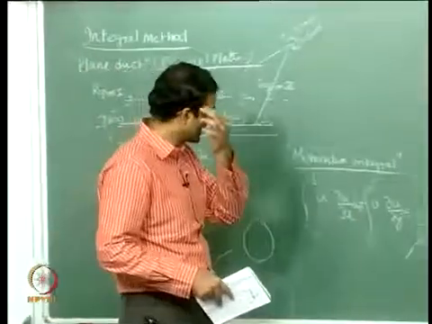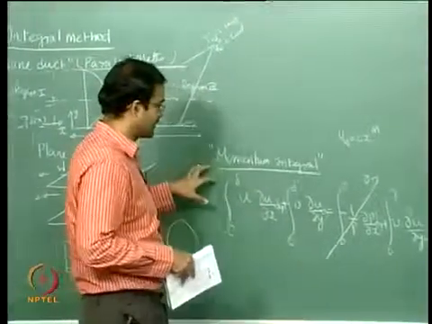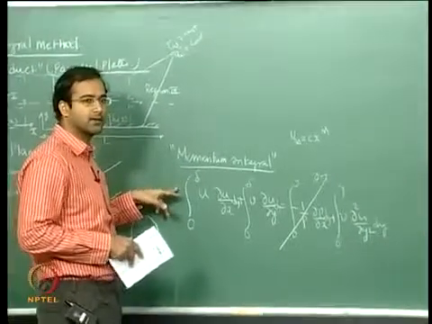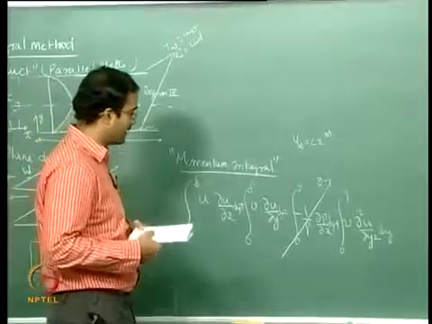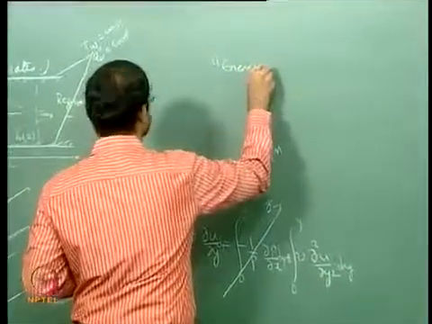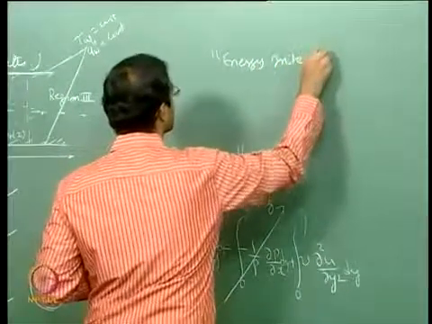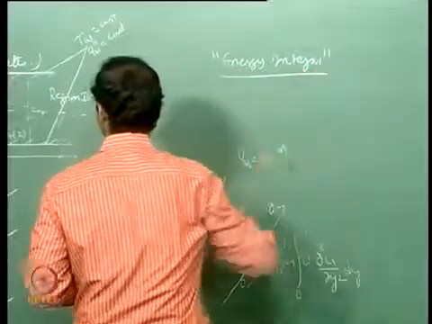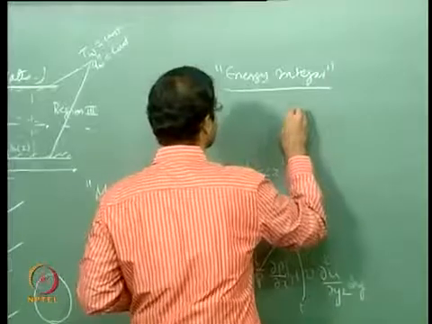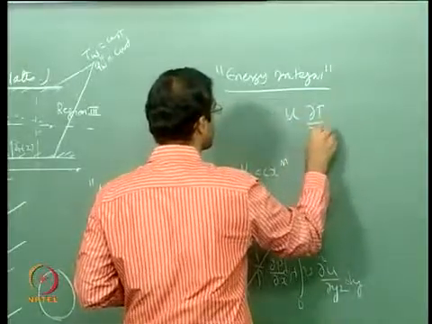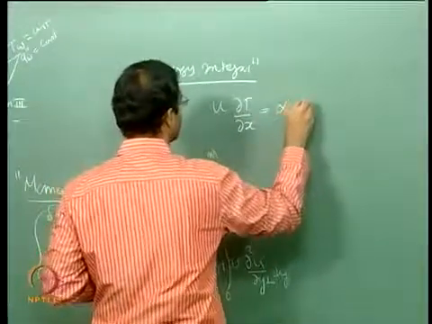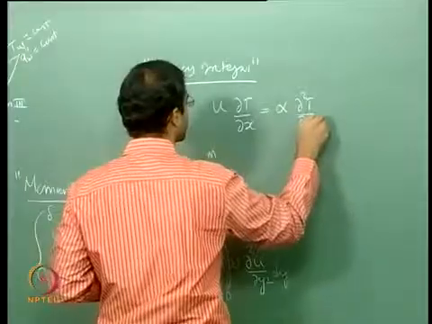So this is basically the structure of the hydrodynamic development. It's not very different from your flat plate case, however a lot of approximations are involved. Coming to the energy integral, in the 2D plane duct case, you can of course write your energy equation, which is u dT by dx is equal to alpha d square T by dy square.